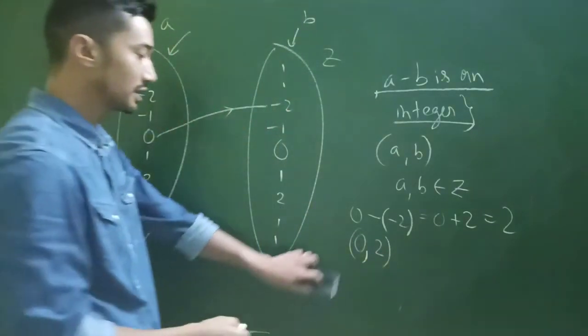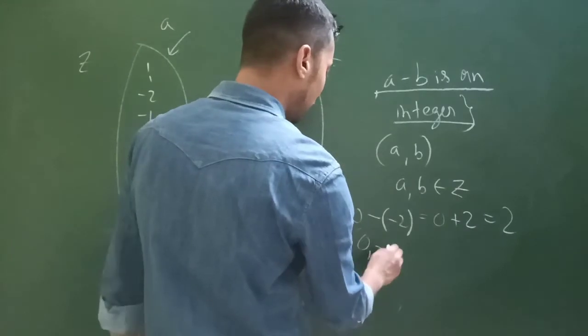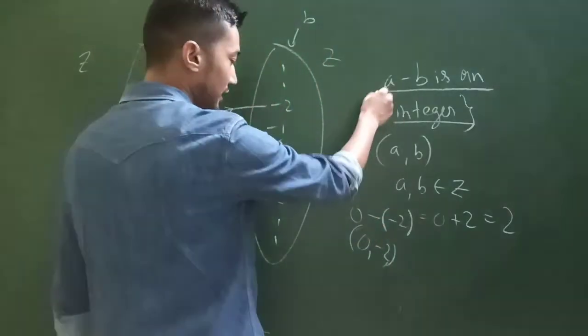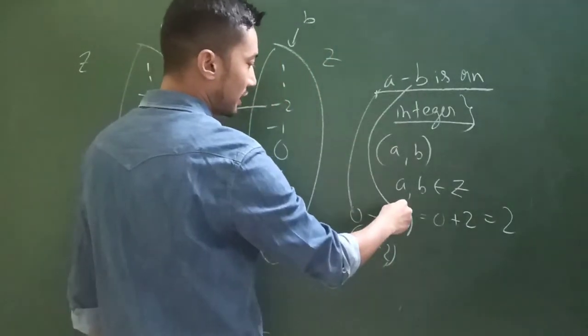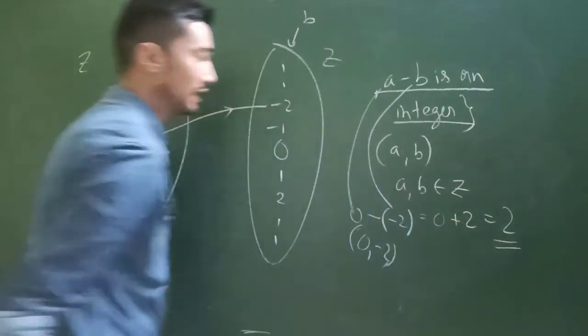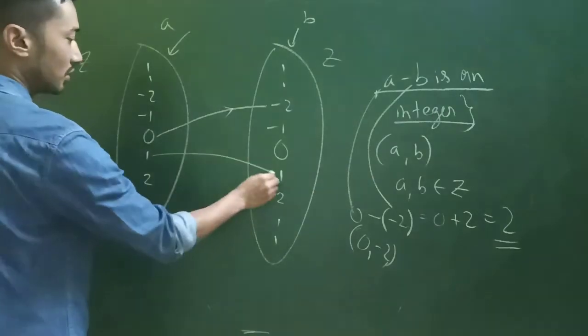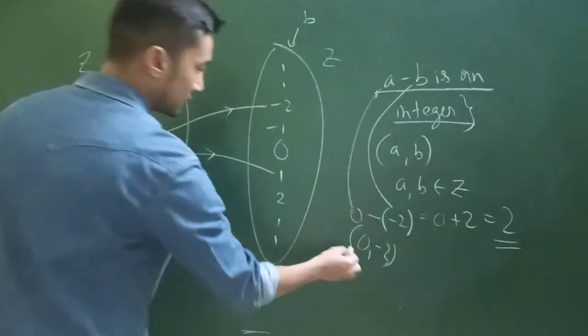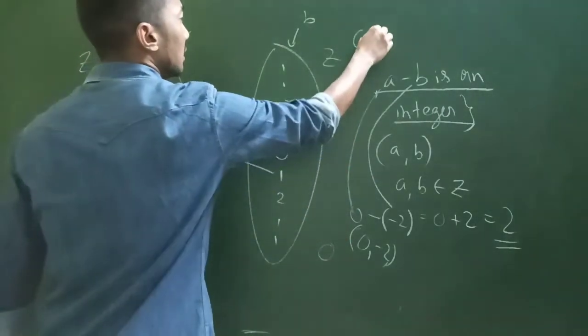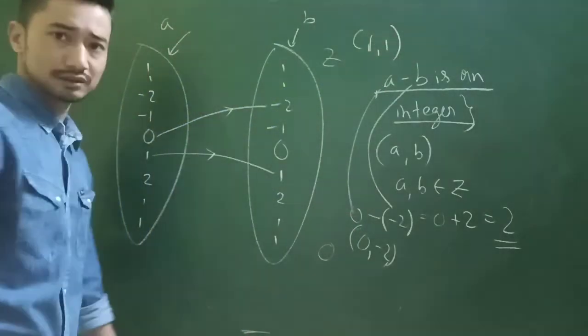So the ordered pair is like 0 minus 2, isn't it? Because a is 0, b is minus 2, and so of course it is an integer. Similarly, you take 1 minus 1. What do you get? You get 0. So 1 and 1, another pair.